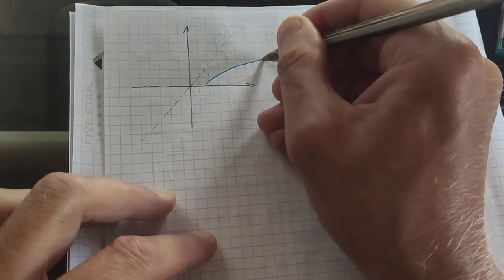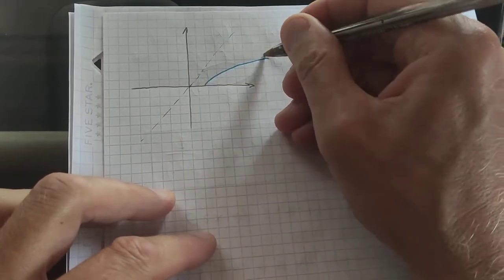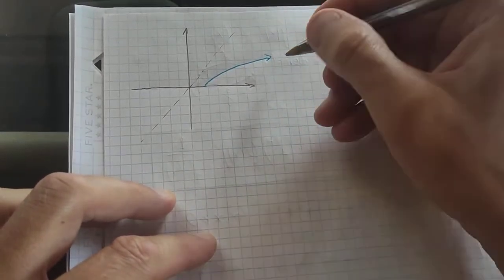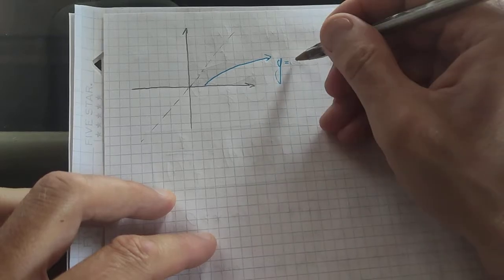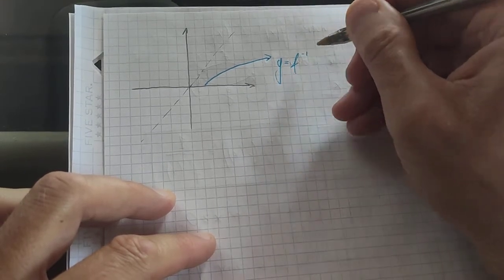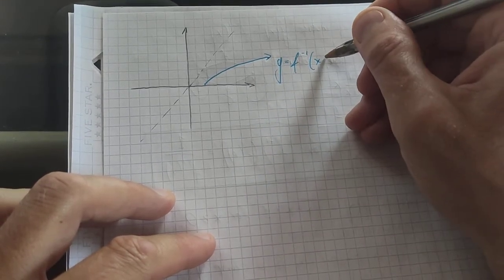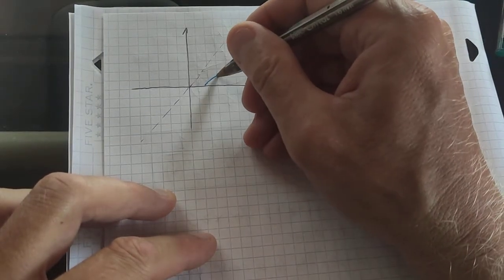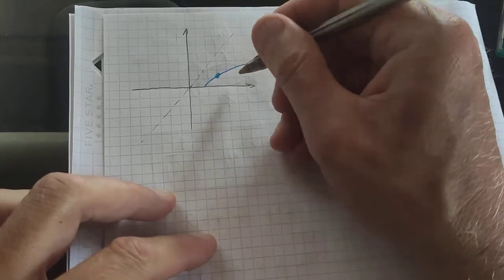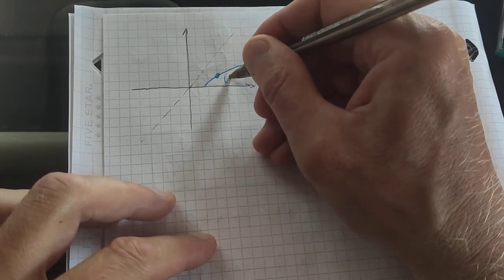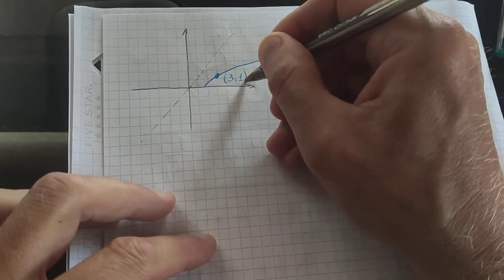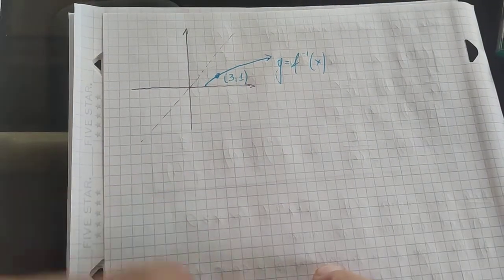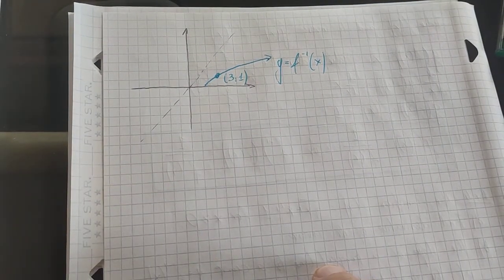It looks like this. So that's y equals the inverse of f of x. And this is our point, (3, 1), maybe let's just put it here.